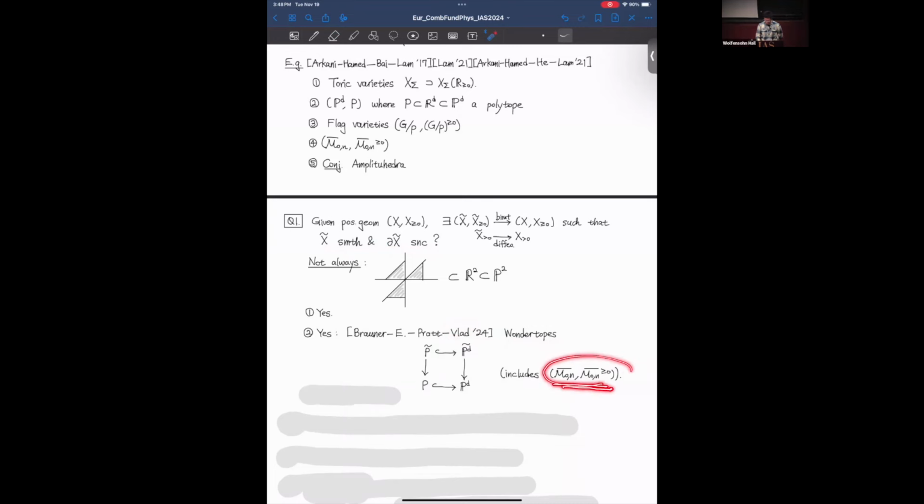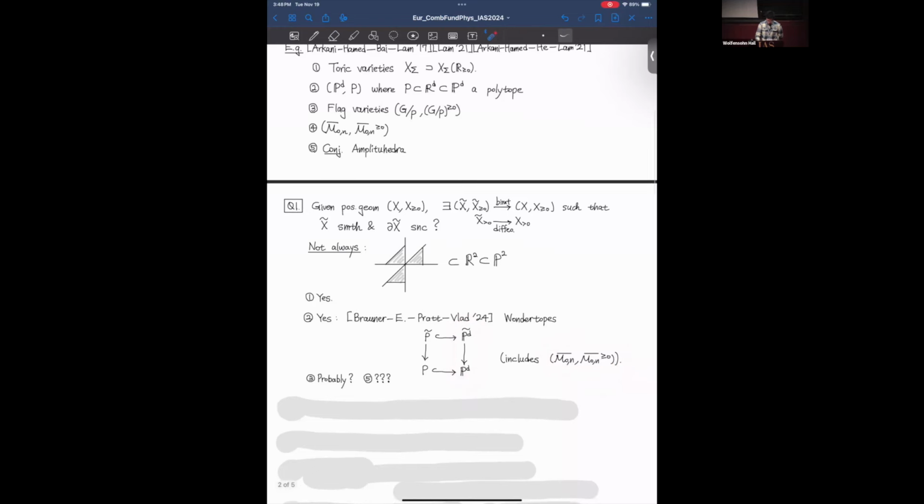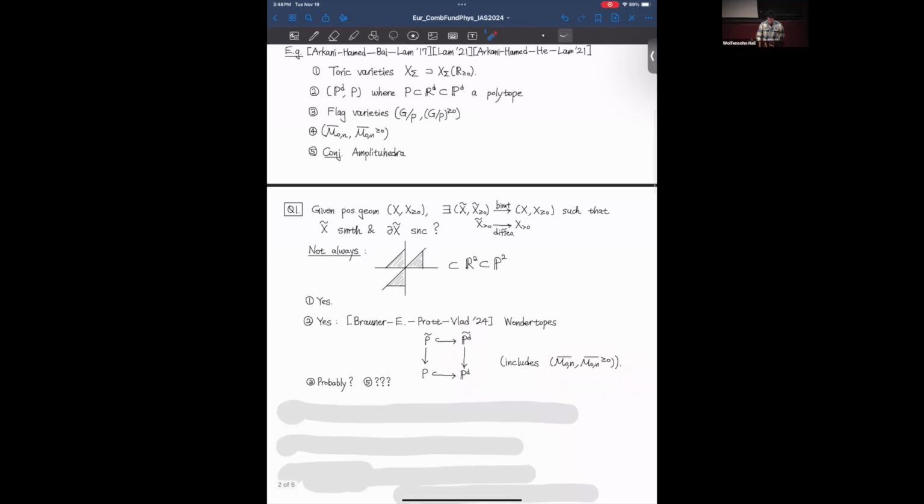So M0n bar arises as a particular instance when you try to take these kinds of resolutions. So it's not quite a polytope, but it has the face lattice structure of a polytope. And for these flag varieties, probably, but I don't actually know the answer.